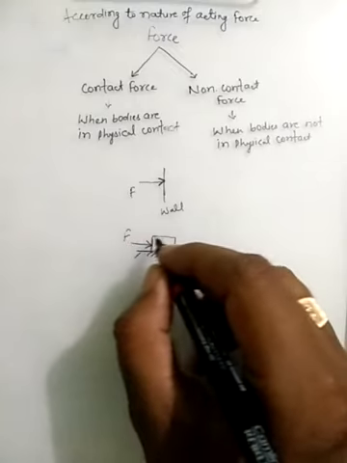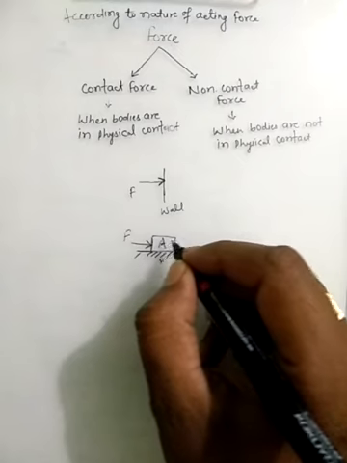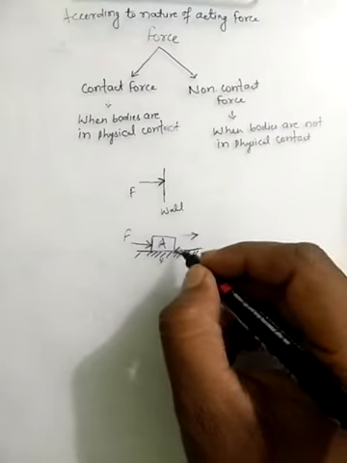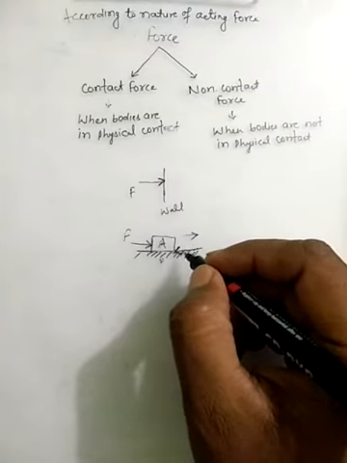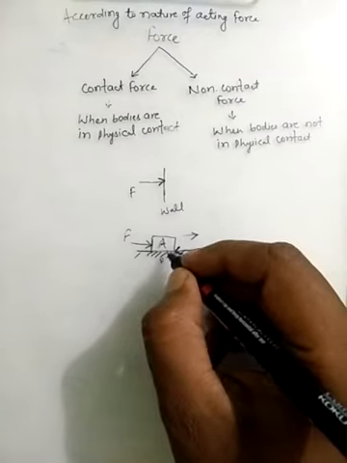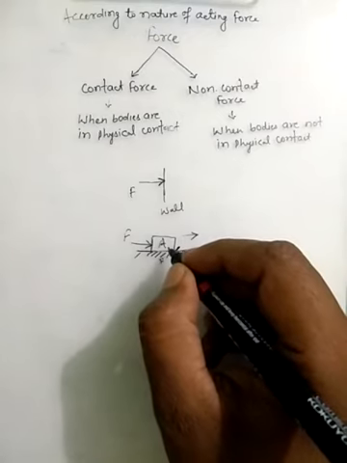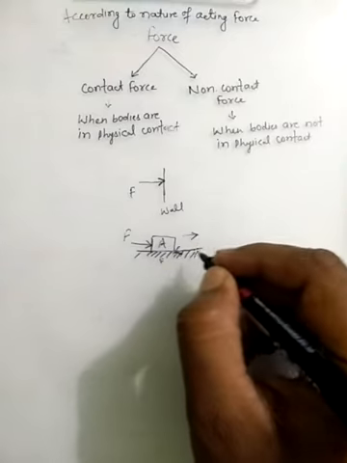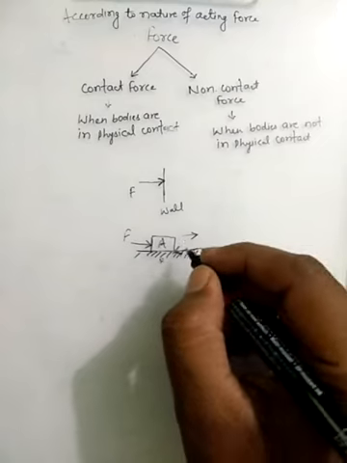If due to the external force the object has a tendency to move in the rightward direction, then a resistive force acts between the surfaces of the object A and this horizontal surface. The resistive force acts in the leftward direction, opposite to the motion of the object.